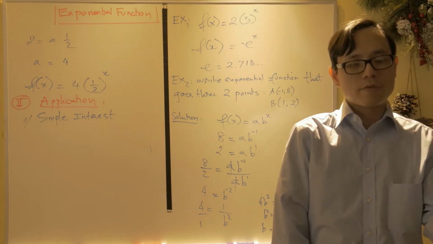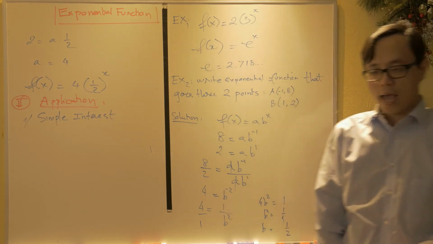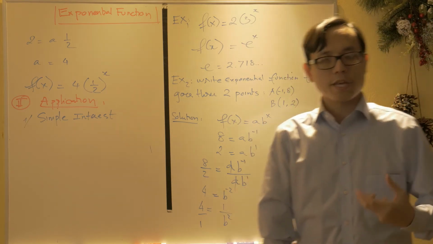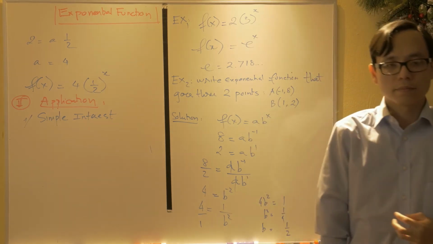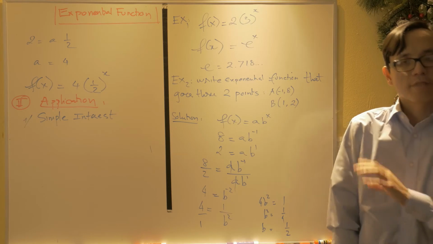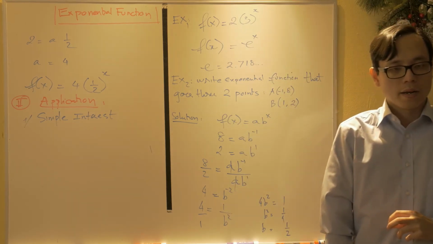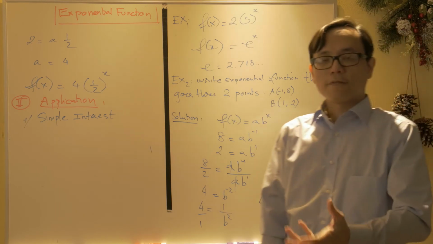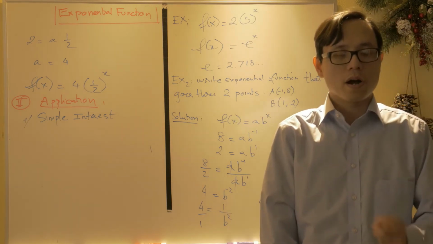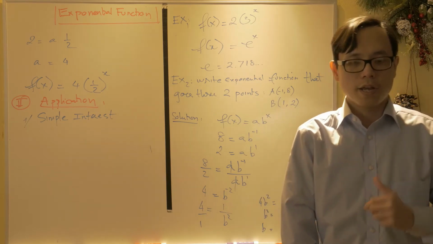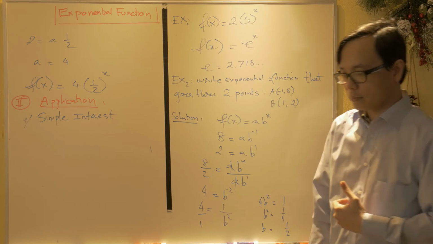You deposit that $100 to your bank, and the bank says that each year it gives you 1%, and it's fixed. So after the first year, 1% of 100 gives you $1. So after the first year, you have 101.